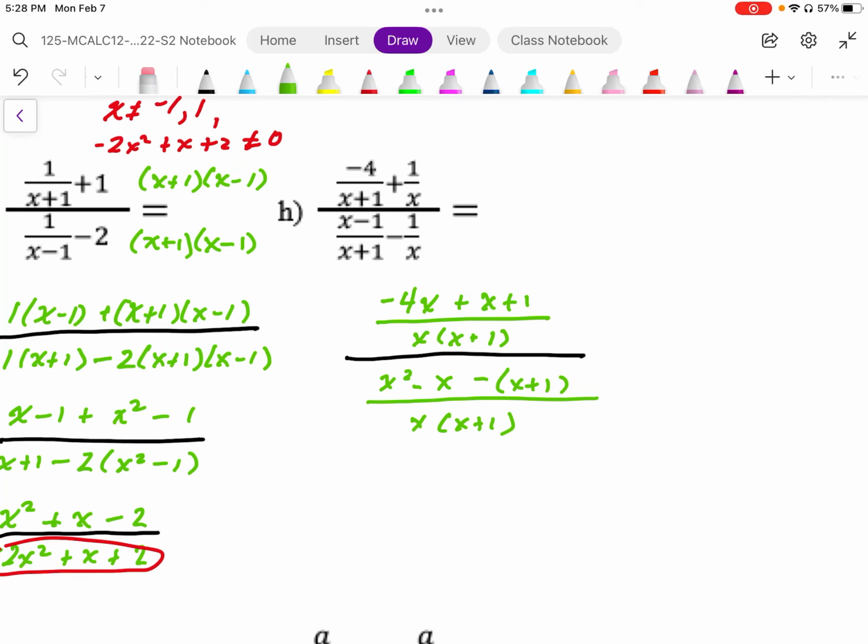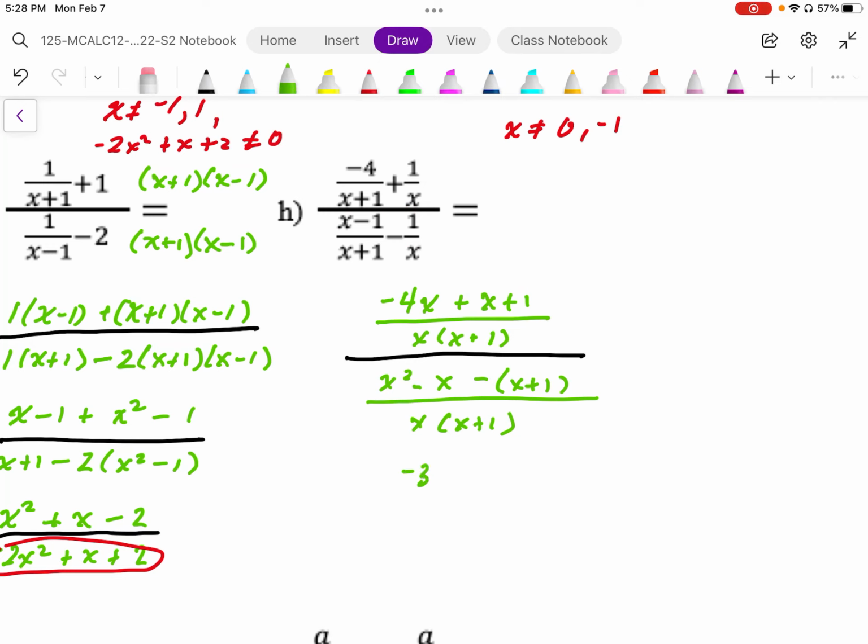Okay, so I'm just going to simplify this first, and actually I'm going to first state my restrictions. X cannot equal 0 and negative 1, and this whole expression can't be equal to 0. Okay, so I'm going to simplify this expression.